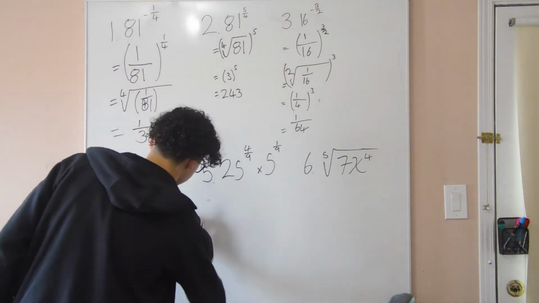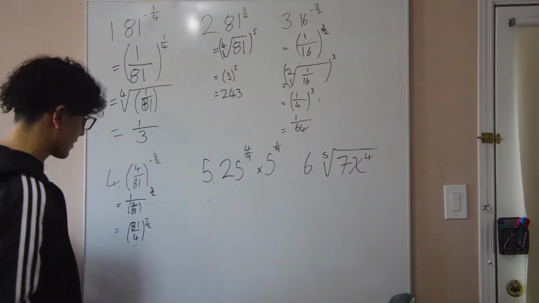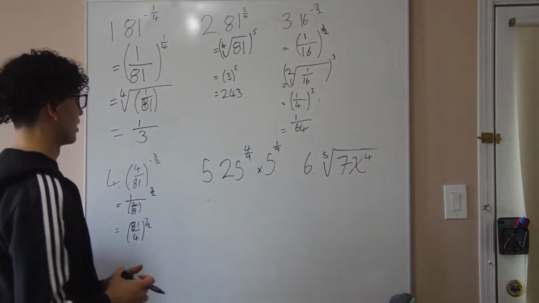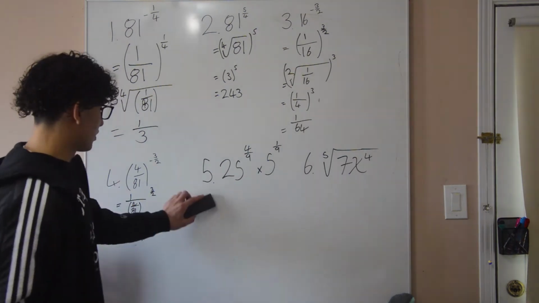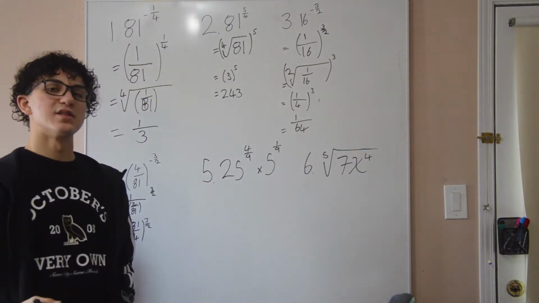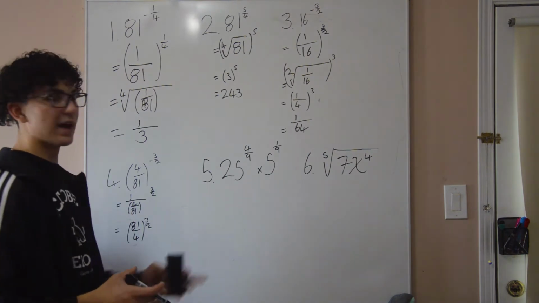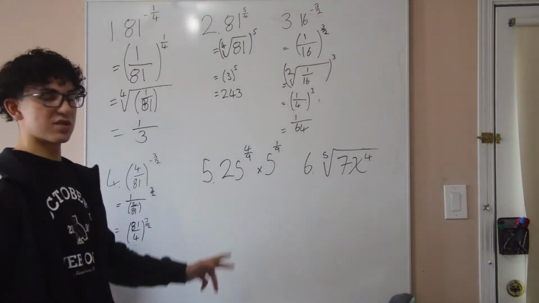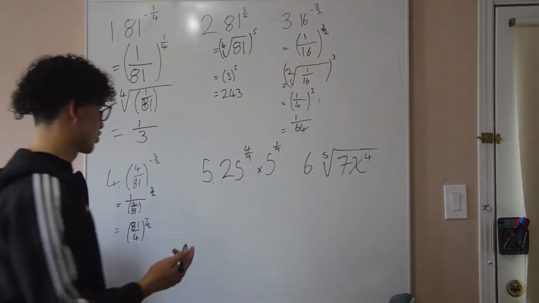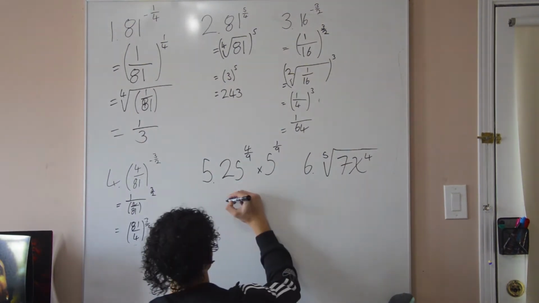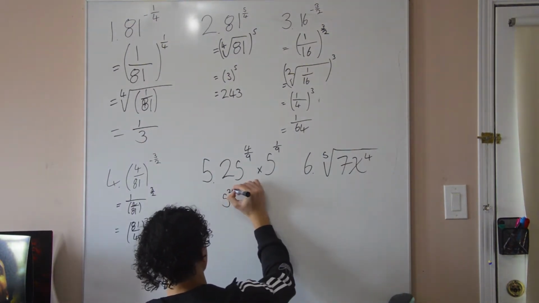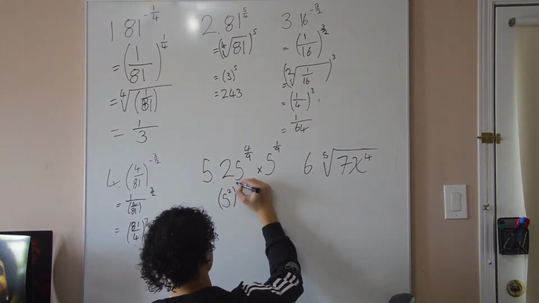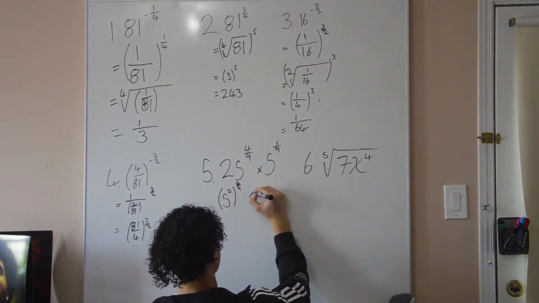I'm just going to erase that. So now it gets a little bit complicated, because these don't have the same base, so we can't really add the exponents. However, if you notice, 25 is just 5 squared. So let's change it. This is 5 squared, and it's to the power of 4 over 9.